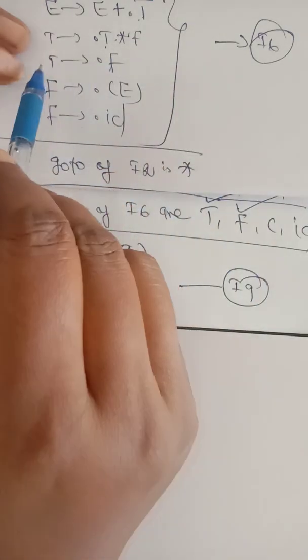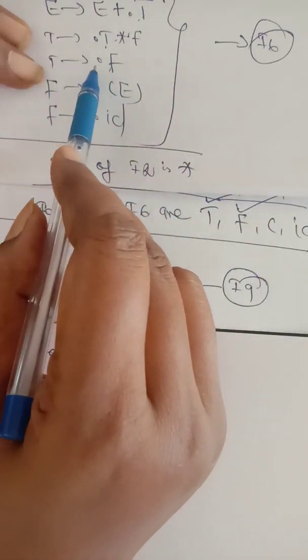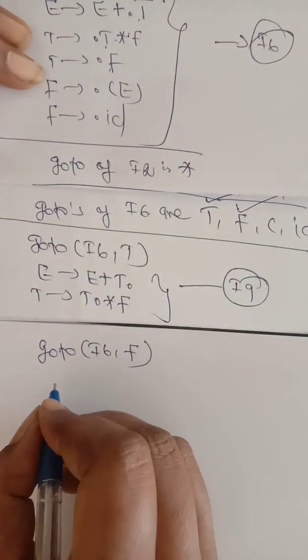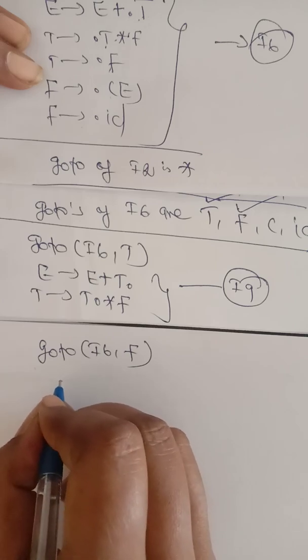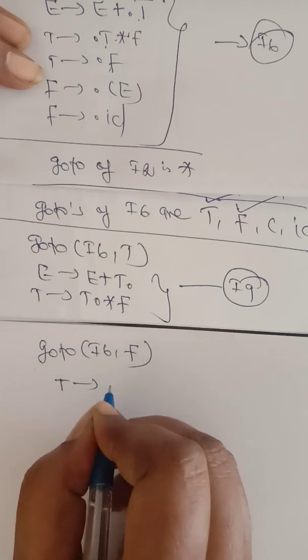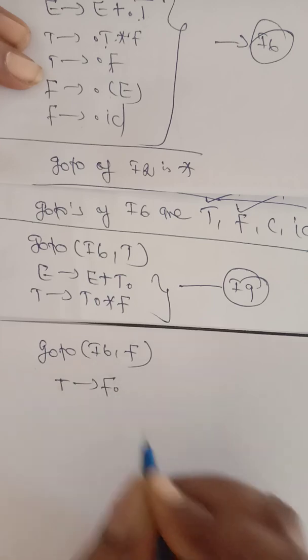T goes to dot F. Consider that production and apply goto, so the answer is T goes to F dot.